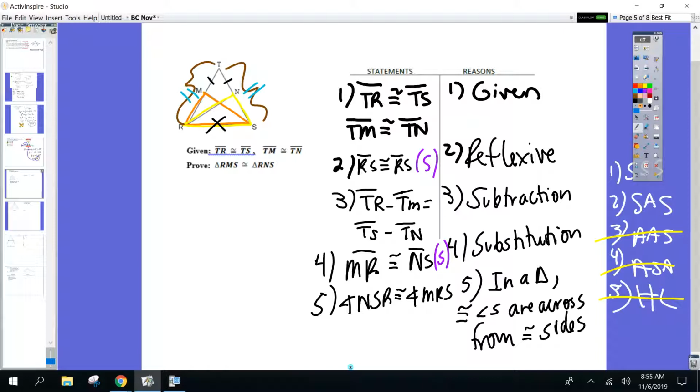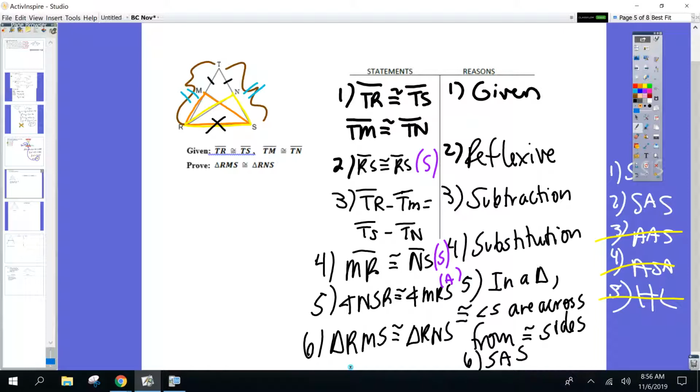There you go. That gives you a pair of angles now. Just make sure, is that pair that we just wrote down in between the 2 sides? Because if it's not, we got to keep working. It is. So that gives me enough info to say, finally, triangle RMS is congruent to triangle RNS, side angle side.